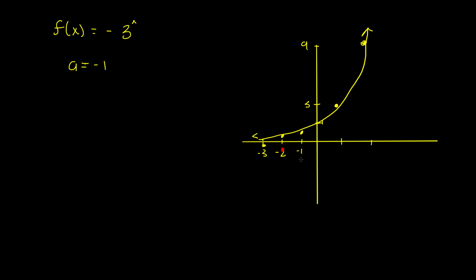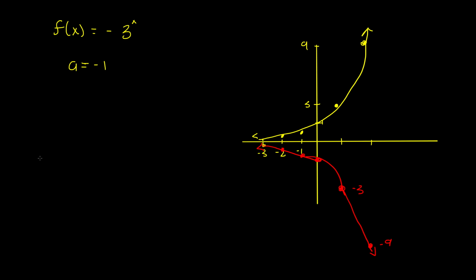This one of 1/3 now becomes negative 1/3. 1 times negative 1 is negative 1. 3 times negative 1 is negative 3. And this would be negative 9. This is not actually drawn to scale. And we get this mirroring across the x-axis.